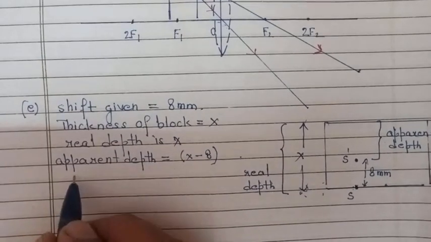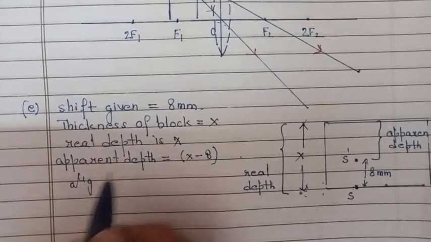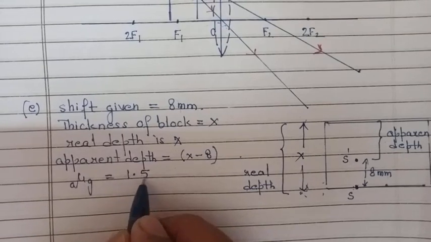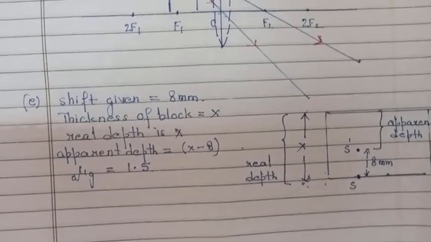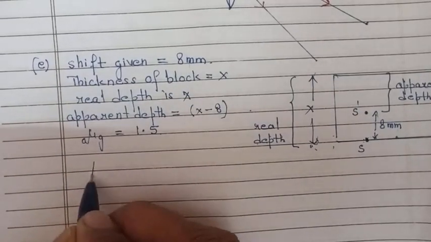Now in the question, the refractive index of glass is given to us as 1.5. So let us use the formula for refractive index.